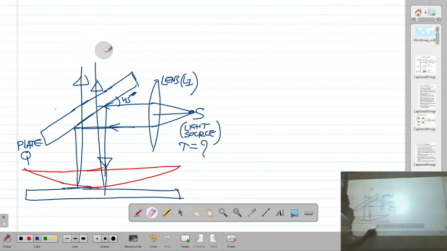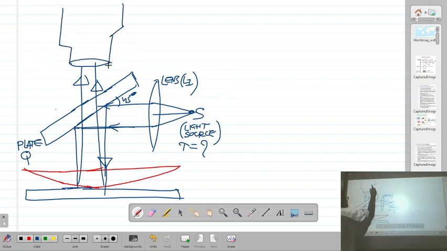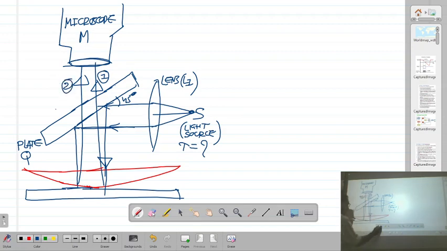Here we have a microscope through which we can see the rays. This is the window of the microscope in which the reflected rays are entering. This is the reflected ray 1. This is the reflected ray 2, as we have seen in the theory.